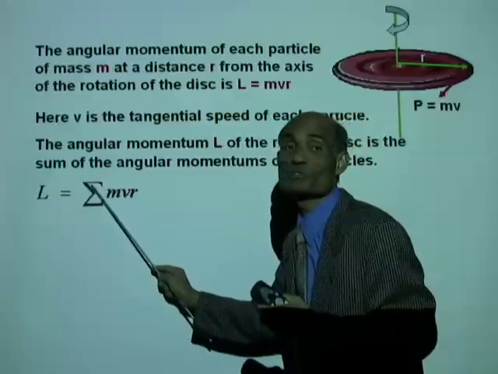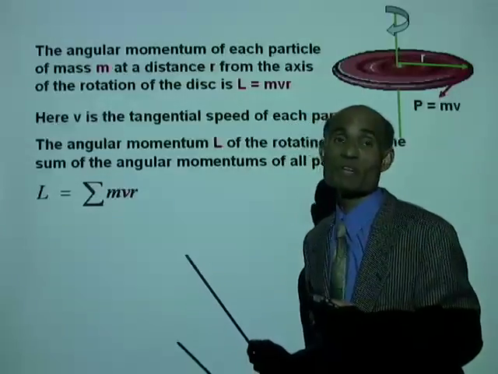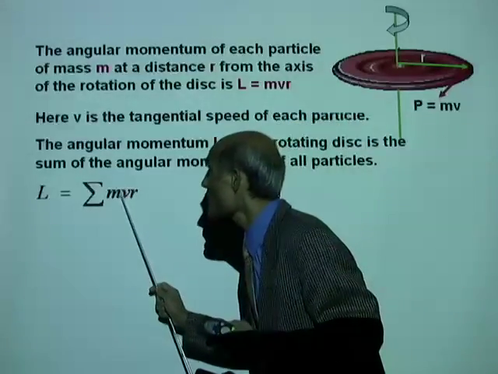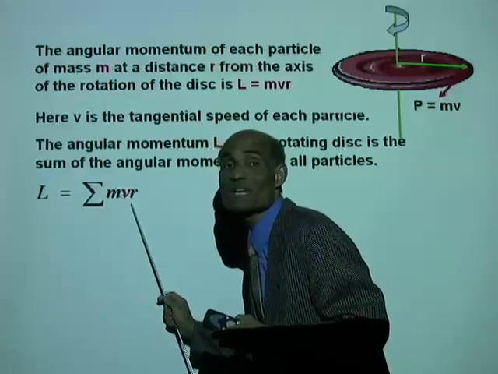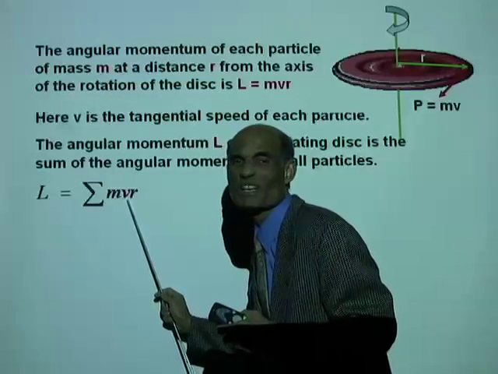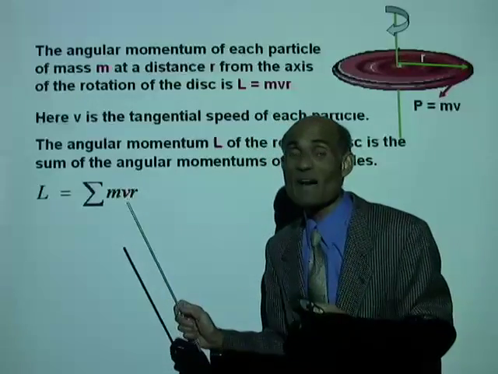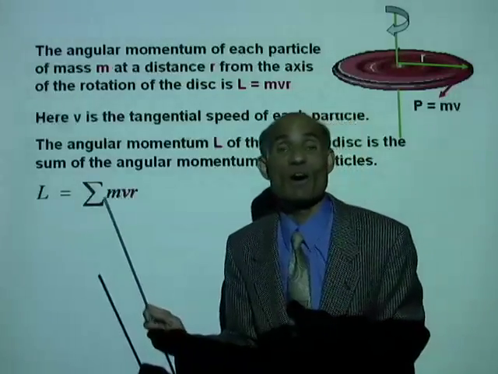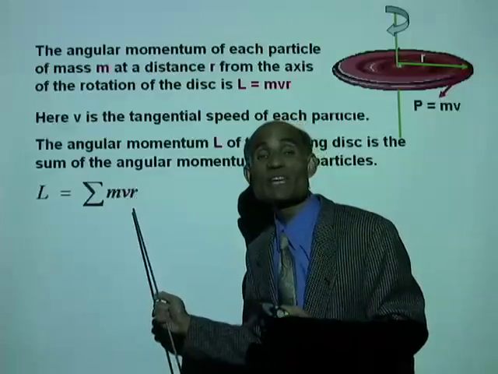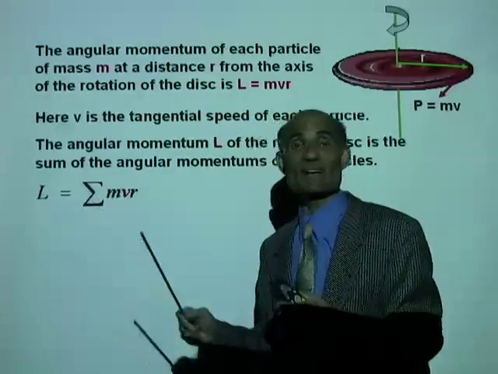So L equal to summation mvr, and we can now replace this v by another quantity. Well, since we are looking at rotation, that quantity will be in terms of omega. v equal to r omega.